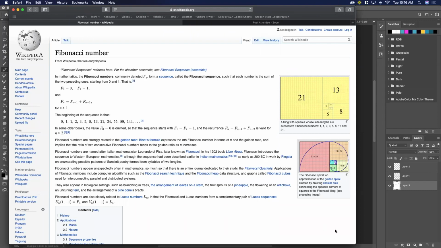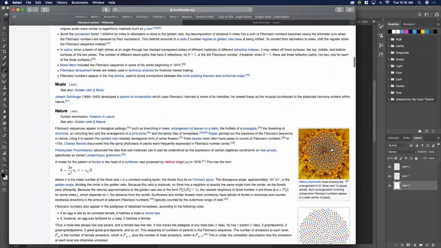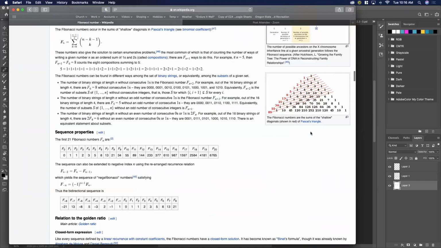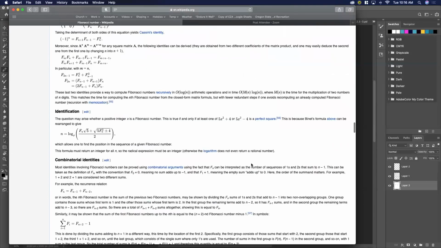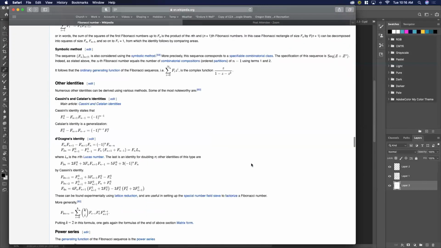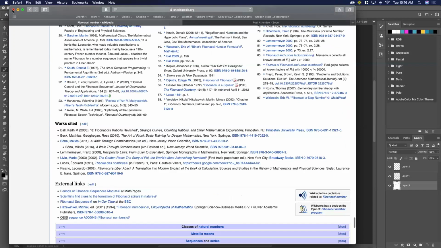If you do this, you end up with a golden spiral, and it creates things for ratios, and this appears everywhere in nature. It just ends up popping up in more places than you could guess, really. It's just something interesting.